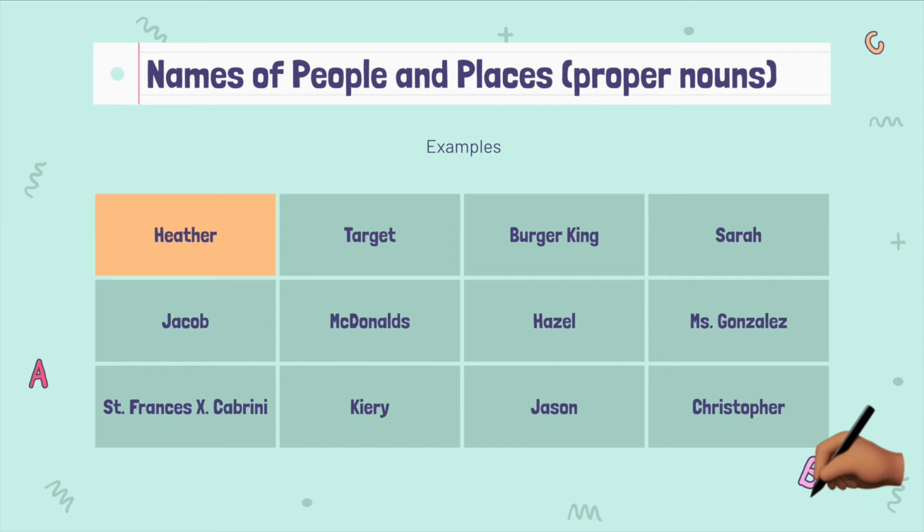So all of these letters need to be capitalized. Take a look at Burger King. The B and the K are capitalized because they're both part of the name of the place. Target, and T is capitalized. And take a look at my name, Miss Gonzalez. The M is capitalized and the G is capitalized as well.